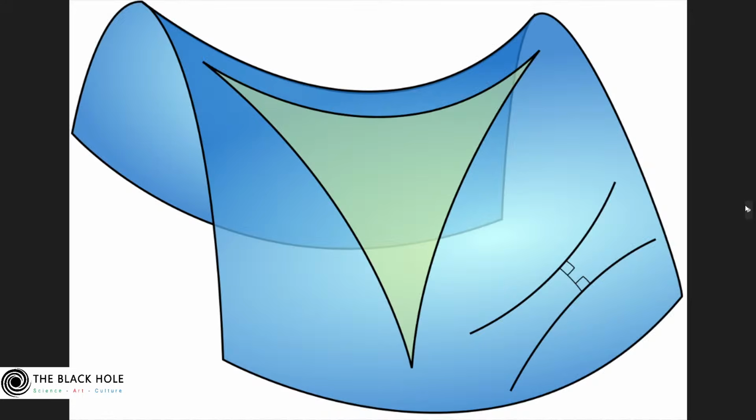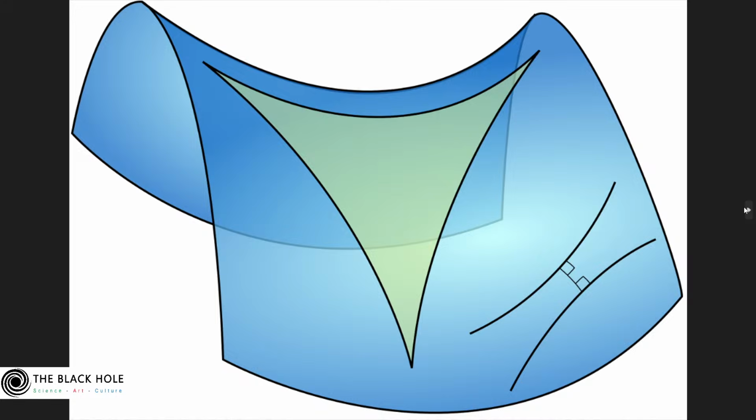Next. This is the hyperboloid. And now you can see that if you were to draw a triangle on this, then the sum of the angles is less than 180.